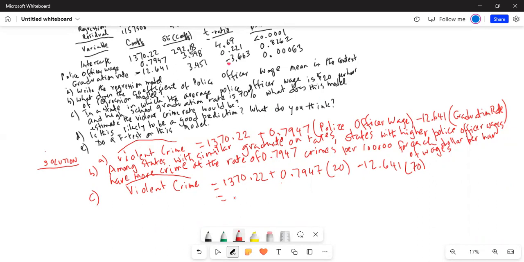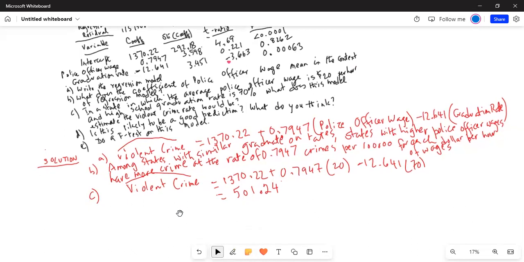And the answer is 501.24. So the estimate of the violent crime per 100,000 is 501.24. Okay. Then we will create some space and do part D.